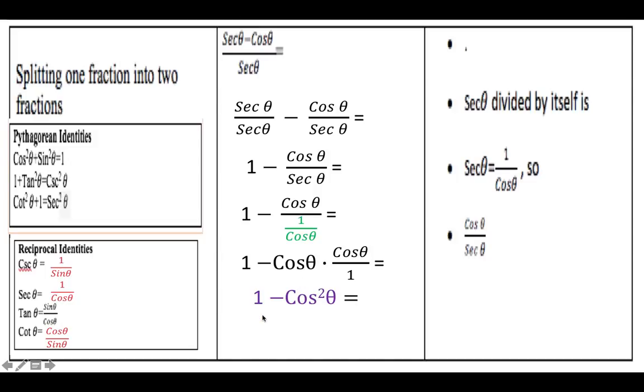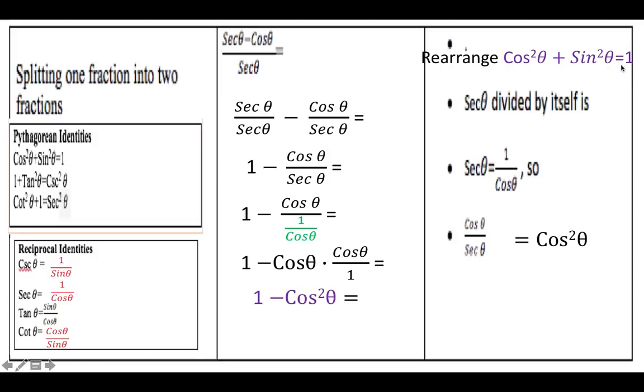Good. So 1 minus cosine squared, if I subtract cosine squared from this first identity, I'm going to get a new identity. So here we have that this part gave us cosine squared. That's this part. And now what I'm going to do, see this right here?